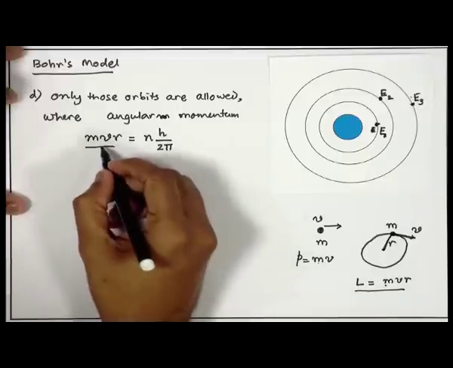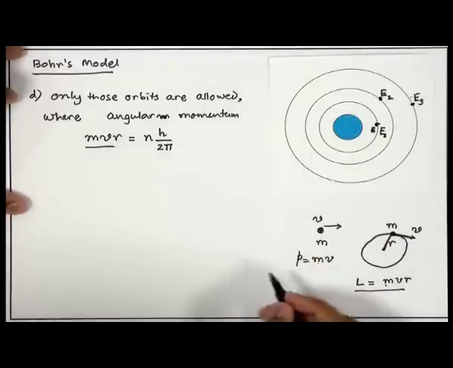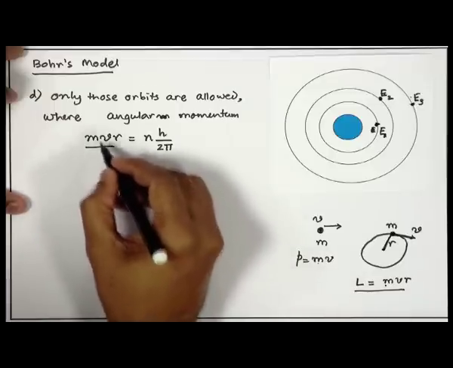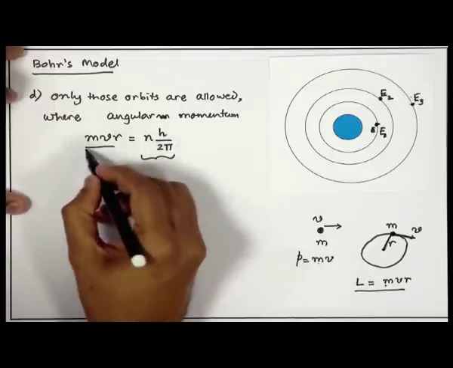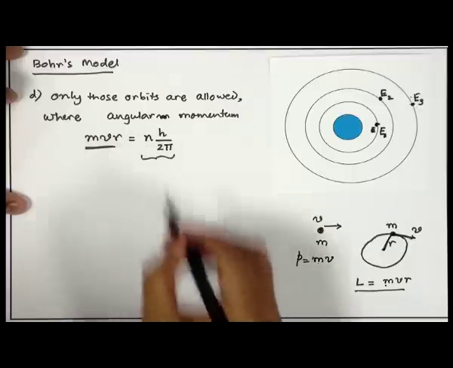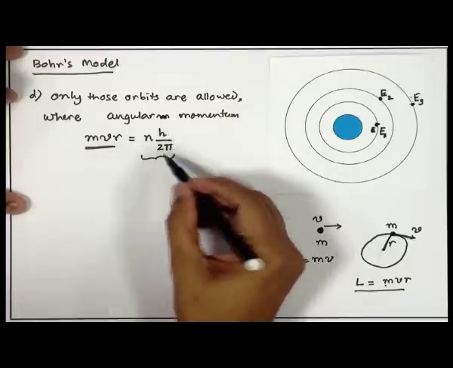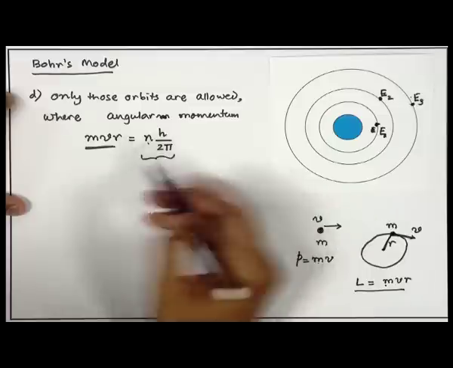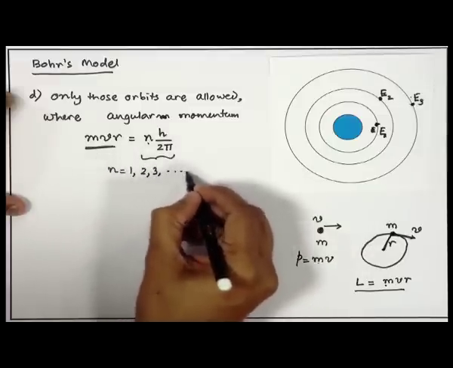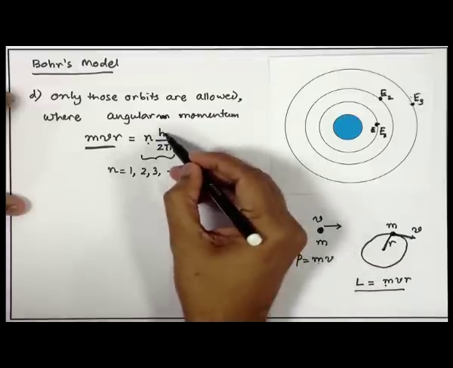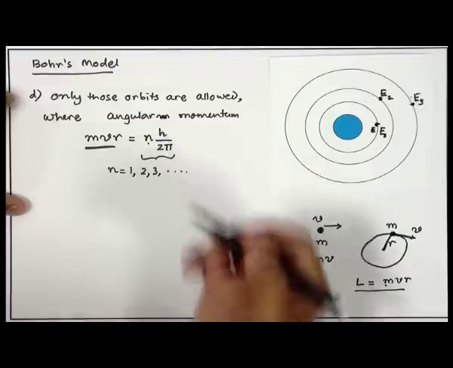Niels Bohr suggested that not all orbits are allowed, only those orbits which have a certain value. We will come to the right hand side now. So, mvr, which is the angular momentum, has a certain value. If you look at the right hand side terms, we have n. He suggested n can be 1, 2, 3 and so on, again just numbers. h is the famous Planck constant, pi is a constant.